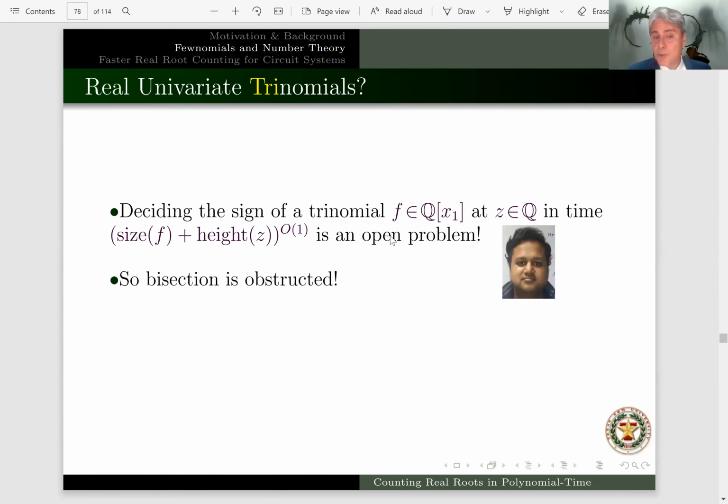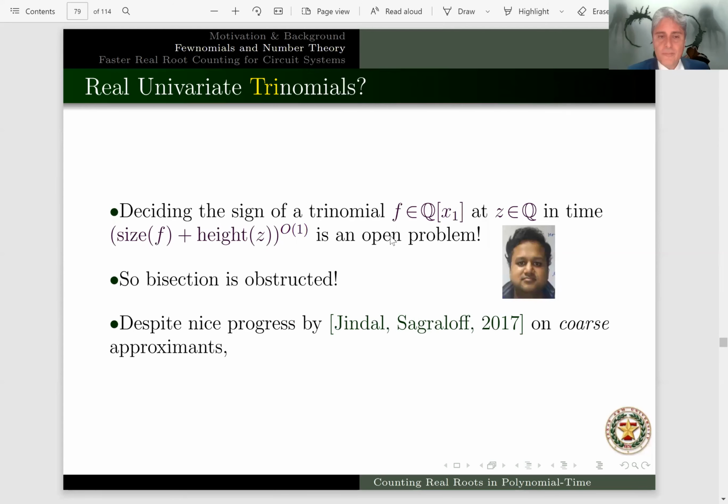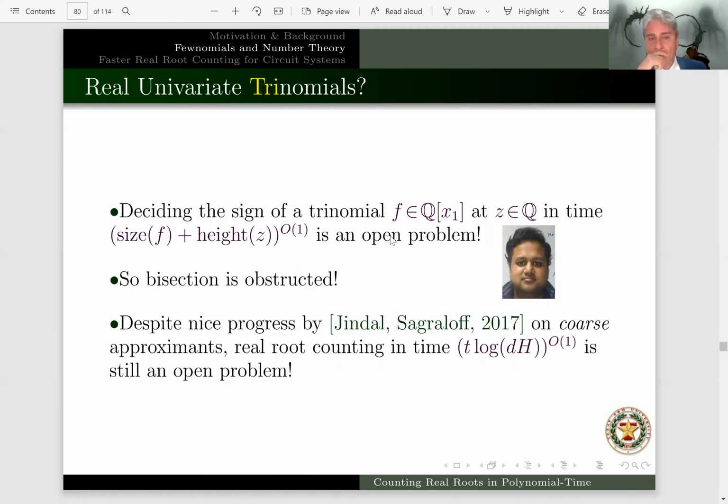You can't use bisection so trivially when you're looking at trinomials. Despite nice progress by Jindal and by Michael Sagraloff on coarsely approximating the roots of sparse polynomials, counting real roots of sparse polynomials in just one variable is still an open problem. It's unknown how to do it quickly.